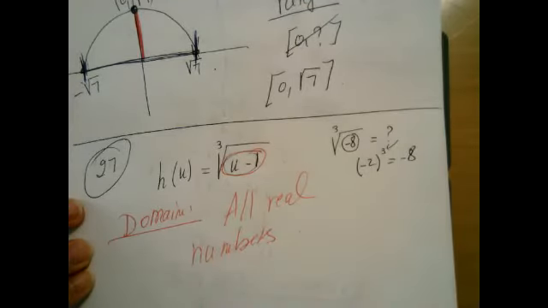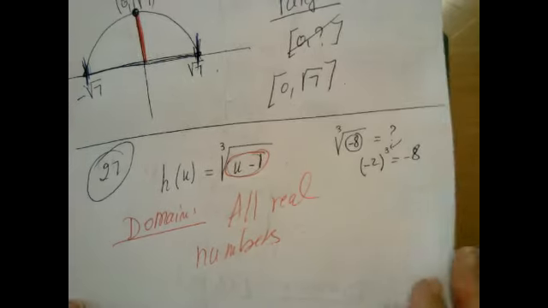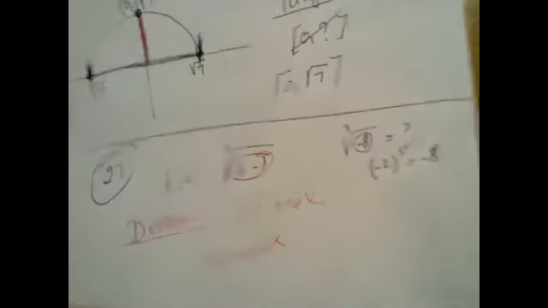No problem with that. The reason is this number 3 is an odd number. It's not an even number. So we have an issue with the square root, we have an issue with the 4th root, we have an issue with the 6th root, but we have no issue whatsoever with the cubic root and so on and so forth. Okay?